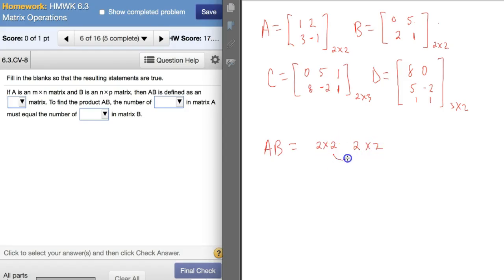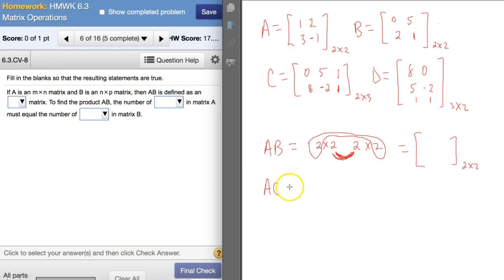As long as these two inner dimensions, as I'm calling them, match, then we know that we can have a result. The resulting matrix will be whatever the outside dimensions are. And so here the result would also be a 2 by 2 matrix.